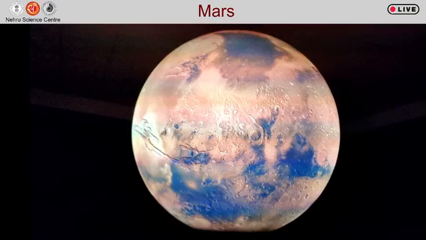It is 4,000 kilometers long, say around 200 kilometers wide, and 7 kilometers deep. Again, a very prominent feature of Mars.